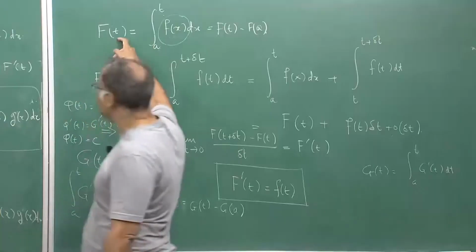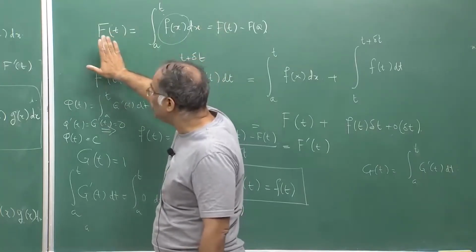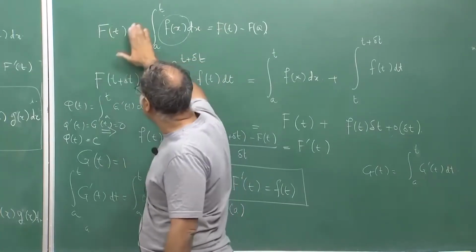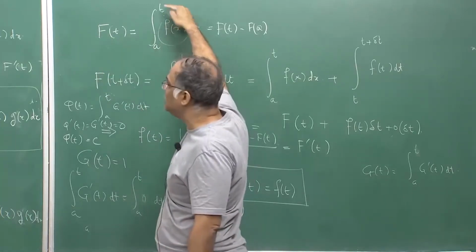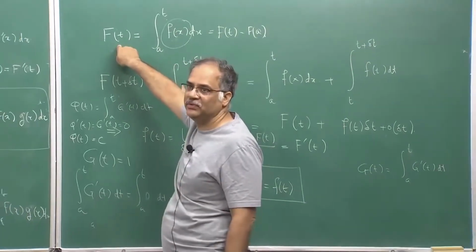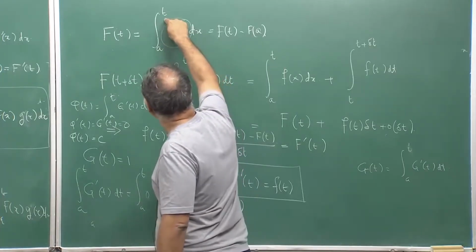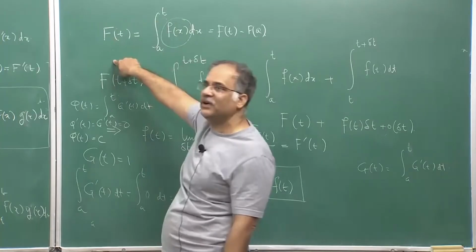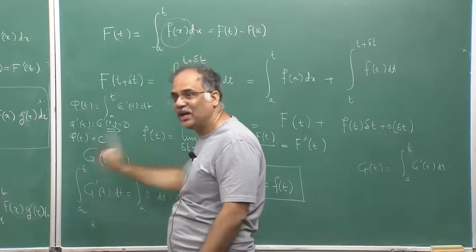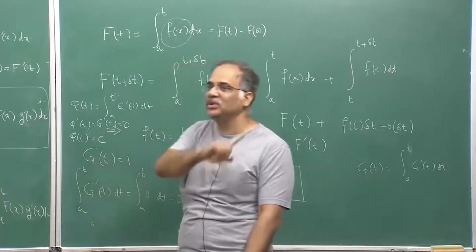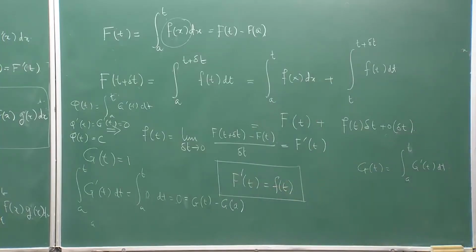Here fa is 0 because I have defined ft such that if you fix a and keep changing t, evaluating the integral from a to t gives you the function values ft. Here that is not happening, we are not getting back gt, so you cannot tell that this is gt. This is something you have to keep in mind. This is a very important lesson, and thus we have done our job.